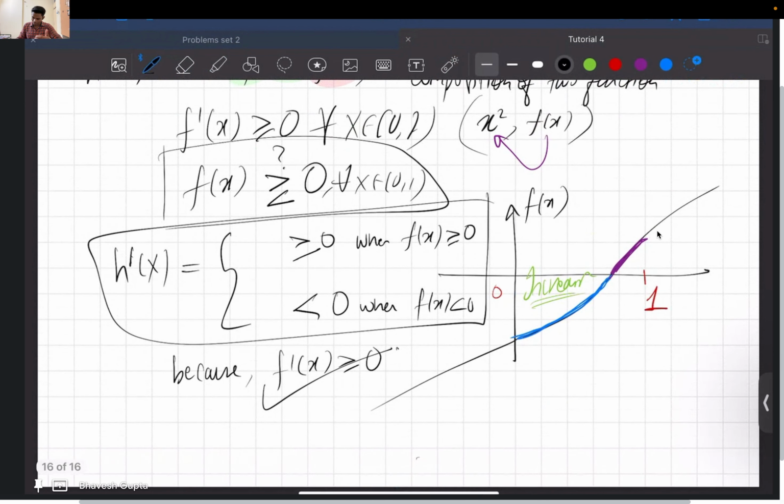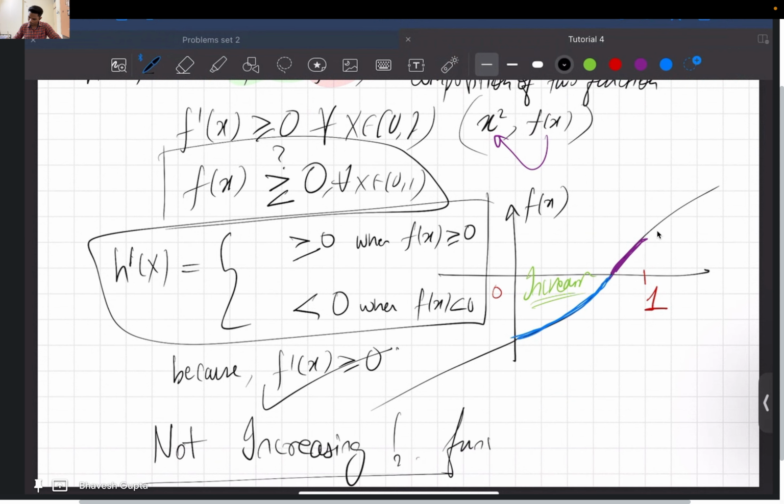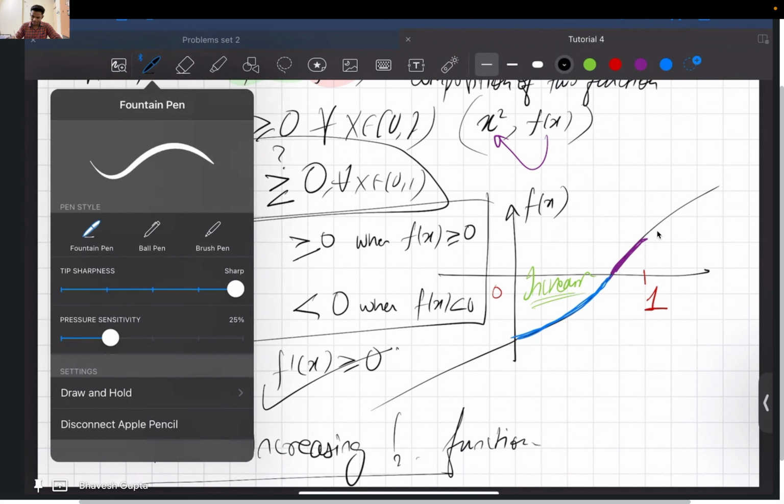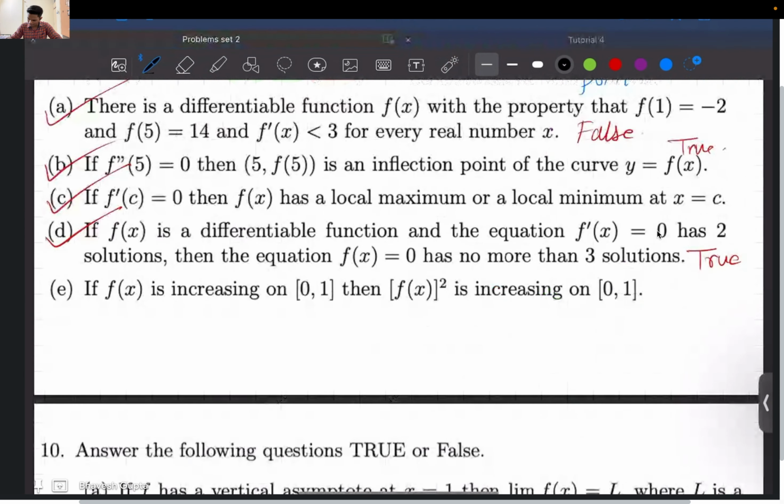The way you can write it down is, we always take a general situation, and generally it's not increasing. That's not an increasing function. So we can conclude that this problem set, this E part, is false. You can still have non-increasing behavior of the square of an increasing function.